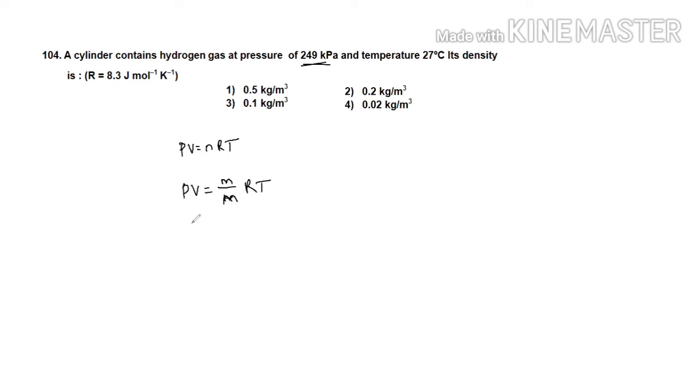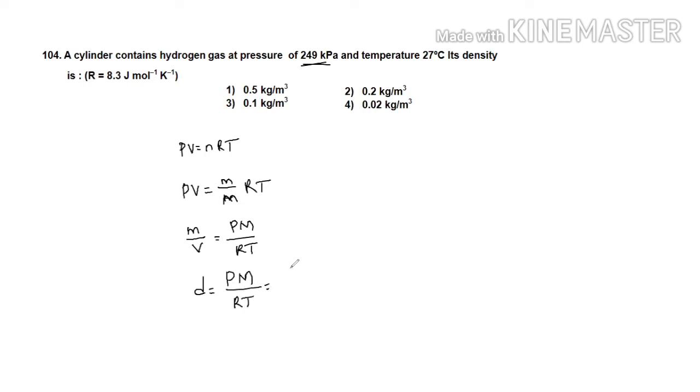We can rewrite this expression as m by V is equal to P into capital M divided by RT. Small cross multiplication we did. So density is nothing but mass per unit volume. So d is equal to P into M divided by RT.